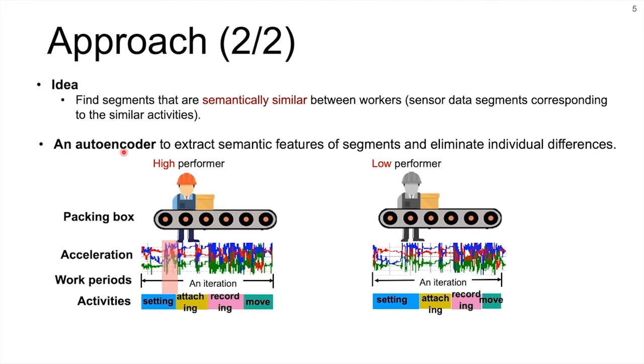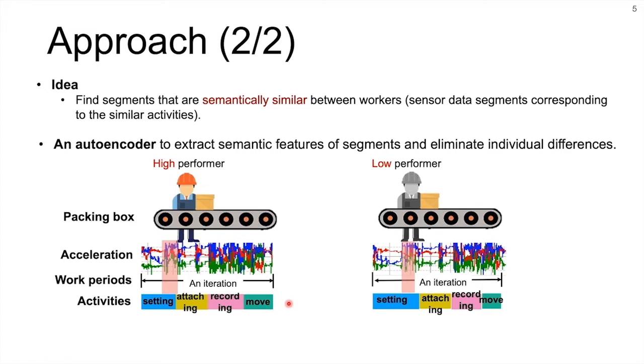Our approach to the second objective is to use an autoencoder to find pairs of segments that are semantically similar. Because only using an individual's work data makes it difficult to identify skills, we also need to find the corresponding activities on the other worker and compare both workers' data to identify if this activity contains skill.